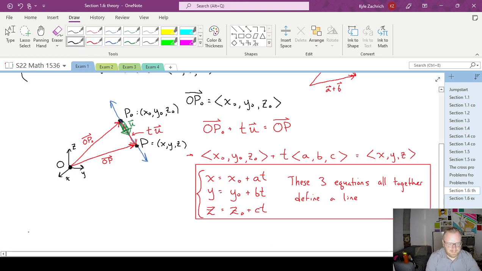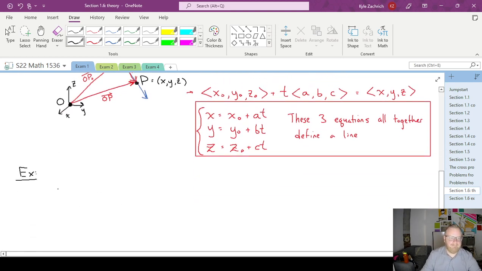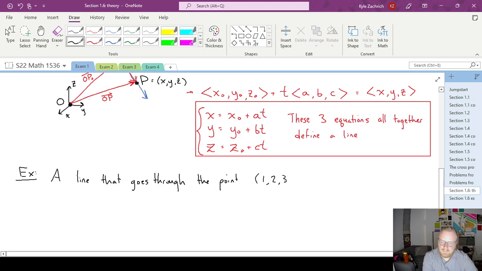Just a quick example, so you can see it in action: a line that goes through the point 1, 2, 3.